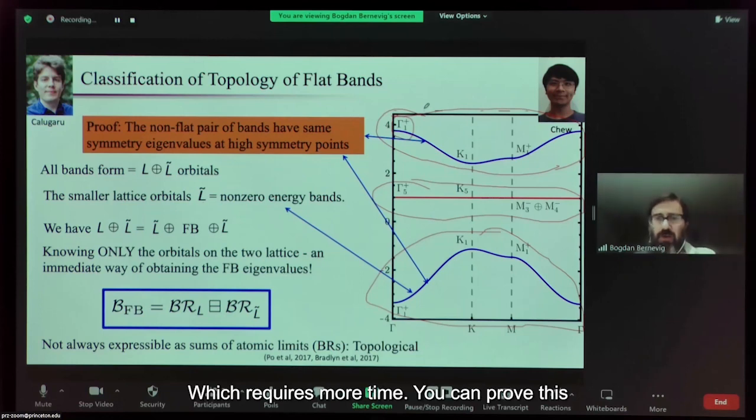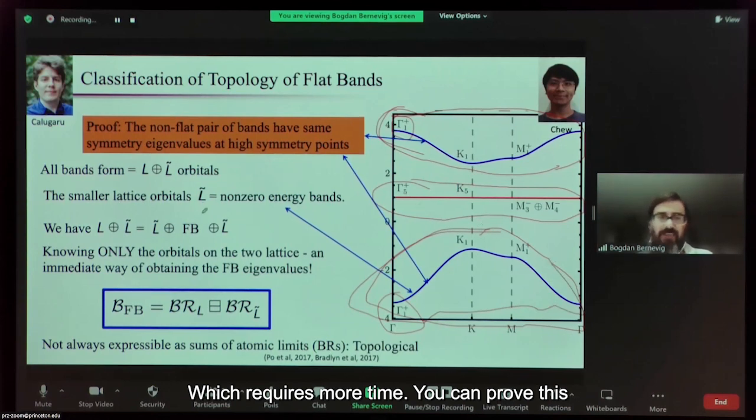So we know what the representations are, but here I wouldn't be able to tell you the right values. You just go to the Bilbao Crystallographic Server and find it. Okay, so what you can show is that the band that's blue, that's non-flat, above the flat band, has the same eigenvalues as the other blue band below the flat band, for example.